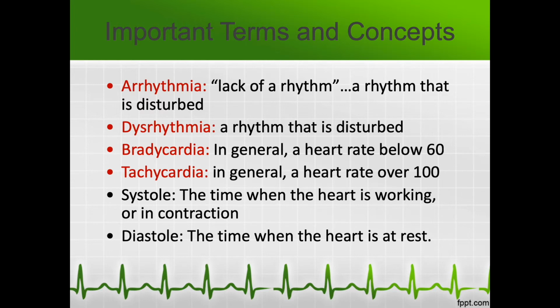A dysrhythmia is another way to say an arrhythmia, and it also means a disturbed rhythm. A bradycardia generally means any heart rate less than 60, and a tachycardia refers to any heart rate over 100 beats per minute. Systole is the time when the heart is working, that is, when it is in contraction, and diastole is when the heart is at rest.